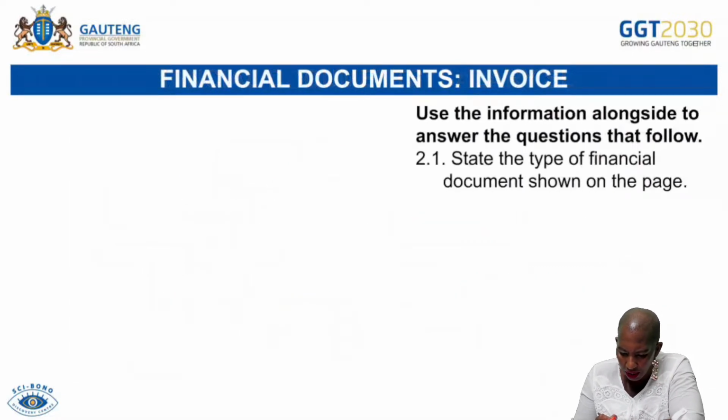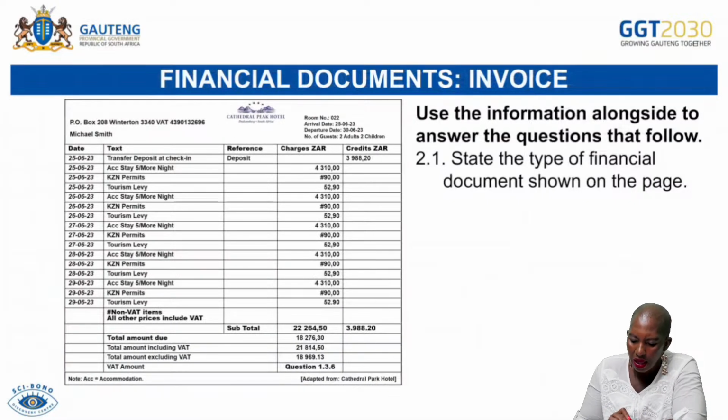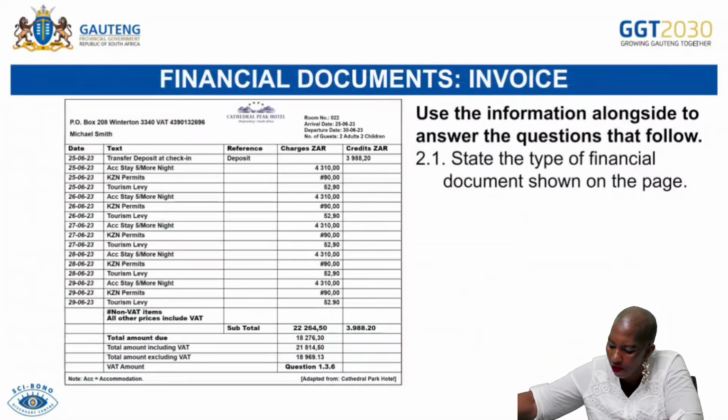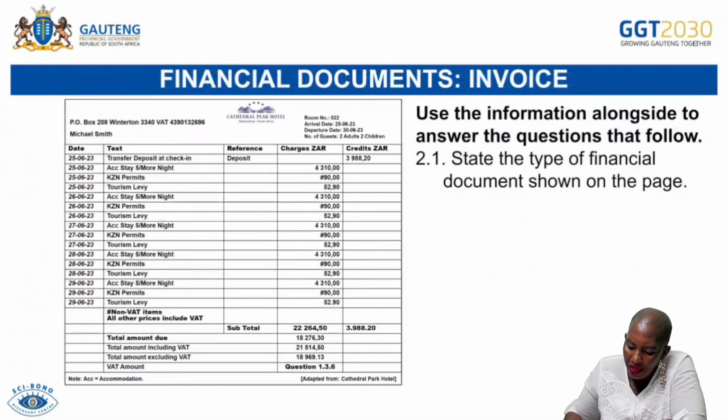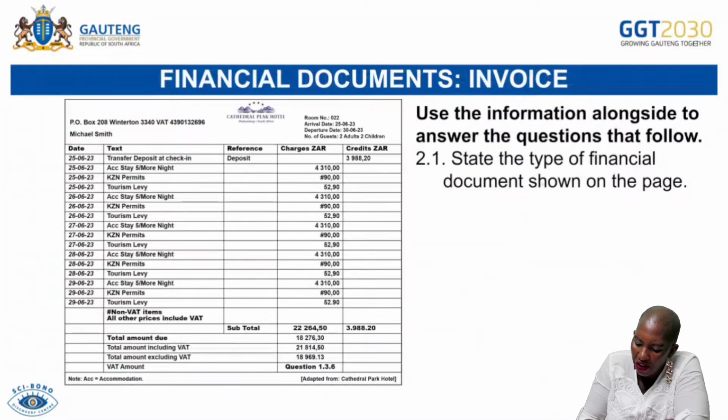Now let's have a look at this one. Now it says on this one, we are looking at the invoice now. With the invoice, we are saying use the information alongside to answer the questions that follow. State the type of financial document shown on this page.